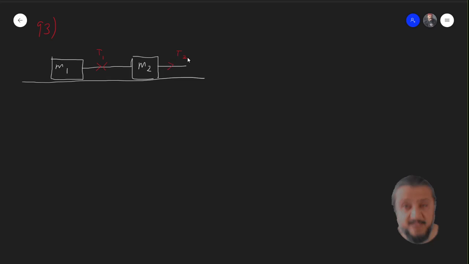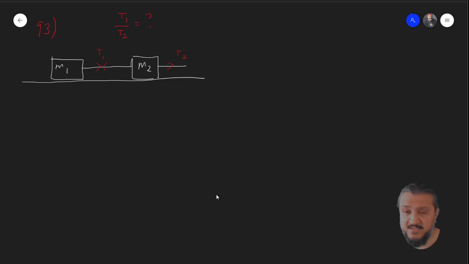Alright, so find T1 by T2. That's the question. Find this ratio in terms of the masses. And there's zero friction, so ignore friction. And we don't have to worry about the normal forces and the weights either, which happen in the y direction.